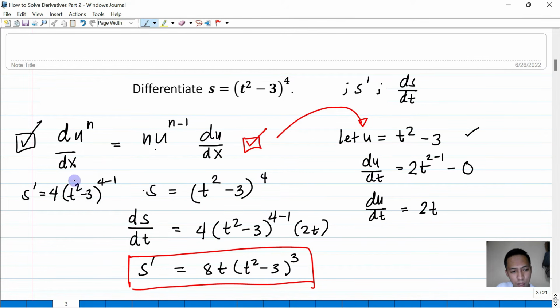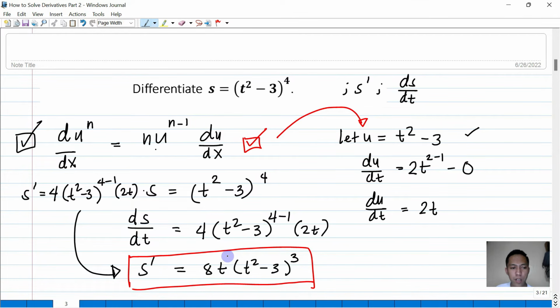And differentiate the inside function. What's the derivative of the inside function? That is 2t. So that's it. Tapos na yung chain rule mo. So kapag familiar na kayo sa mga formula, mas mapapadali yung mga steps natin. So simplify that. That leads you to this simplified expression.